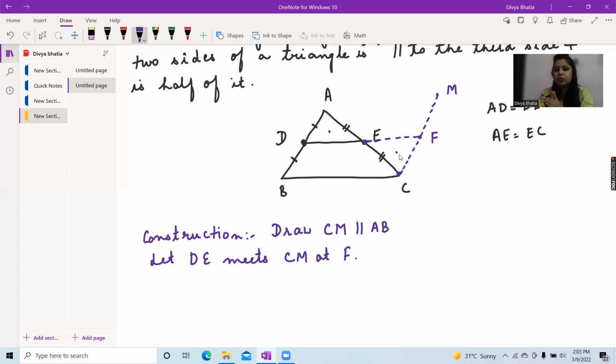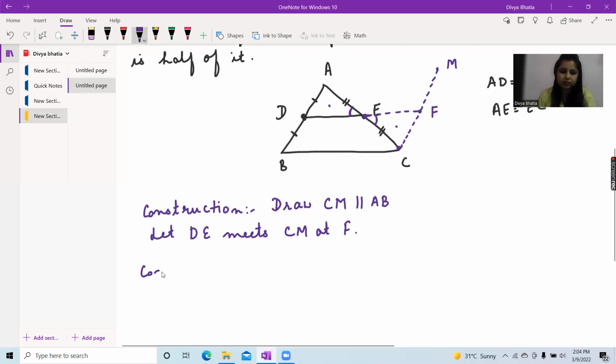Now, why am I taking these two triangles? Because obviously AE and EC are equal by hypothesis, that we have assumed that E is the midpoint of AC. So AE is already equal to EC. Now, as you can see, these are the two lines cutting each other, so we know these two angles will be vertically opposite. So now let's consider triangle ADE and triangle EFC.